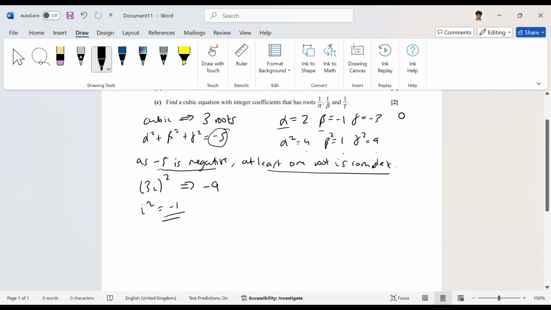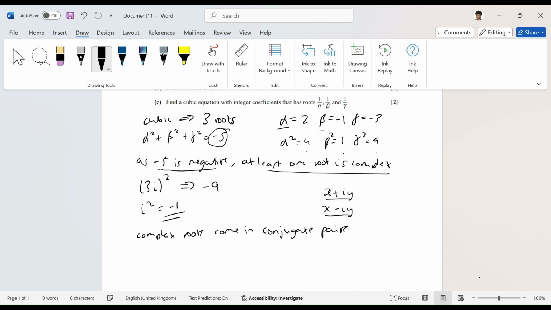Then you would say that we know that complex roots come in conjugate pairs. So we know that if one of the roots is x plus iy, then we know that x minus iy is also a root. That's what conjugate pairs means. And therefore, you can say that 2 roots must be complex.